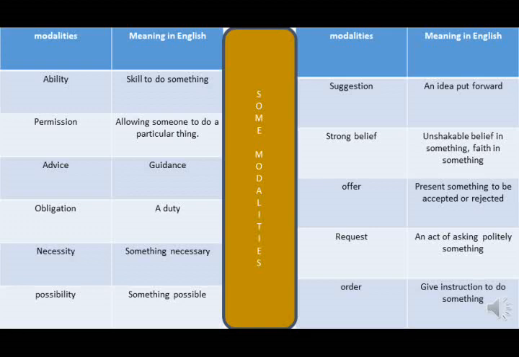Possibility, something possible. It is possible that it may rain today. So this is a possibility. Sixth modality is suggestion. I suggest you go to the Himalayas. So suggestion is an idea put forward to do. Seventh one is strong belief.